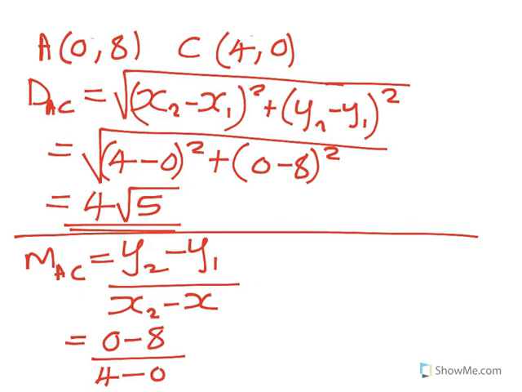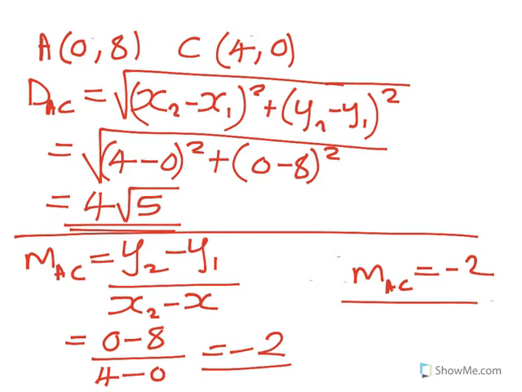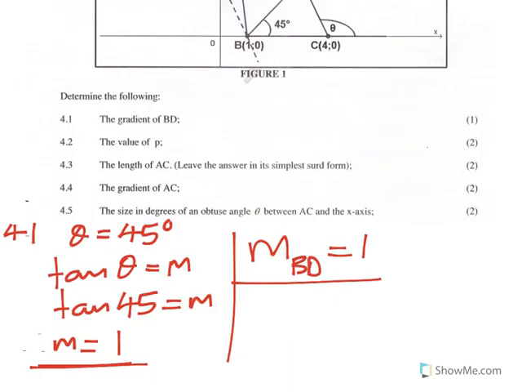If I look at that, the answer is negative 2. Therefore, m of AC is equal to minus 2. These were the marks they were giving there. They were not difficult.